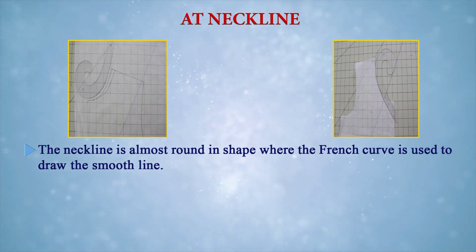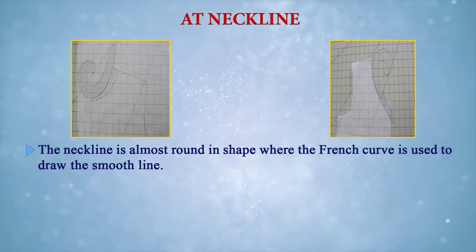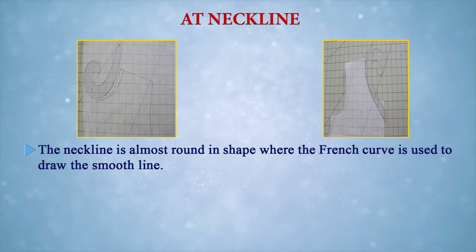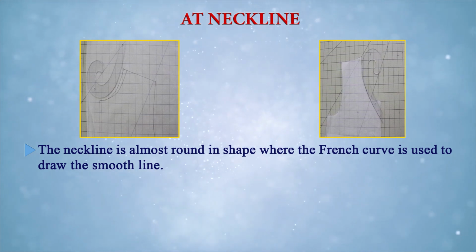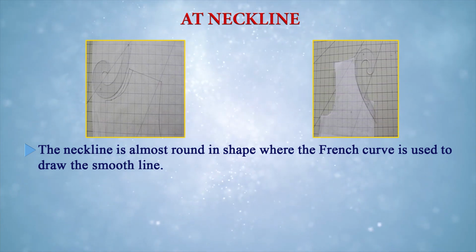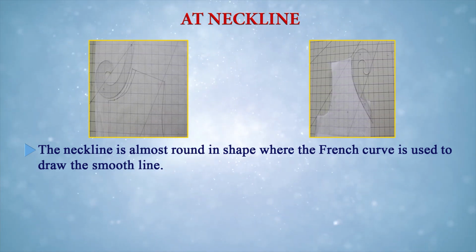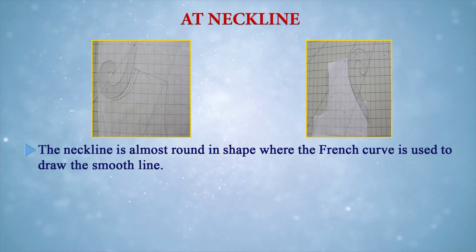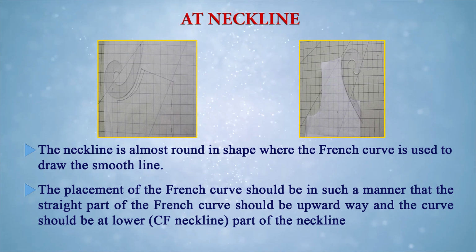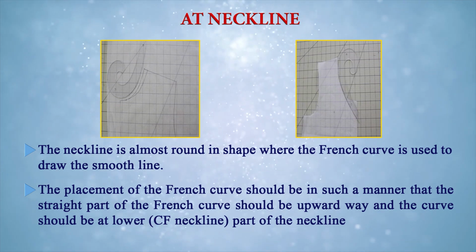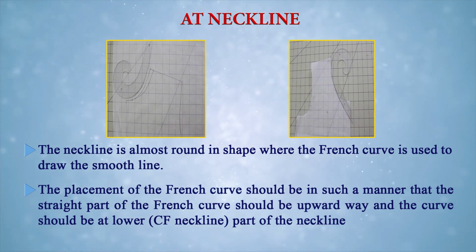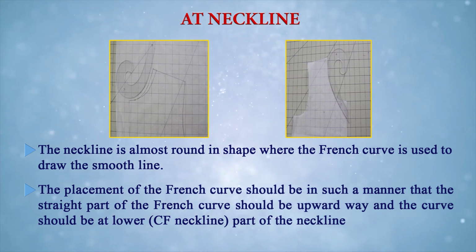In the first image on the left side, you can see the neckline. When we draw with a pencil and scale, we cannot make a freehand round shape perfectly. So to make the neckline in a perfect round shape, we use the French curve. The placement of the French curve should be such that the straight part of the French curve is upward, away, and the curve is at the lower part, like at the central front neckline.